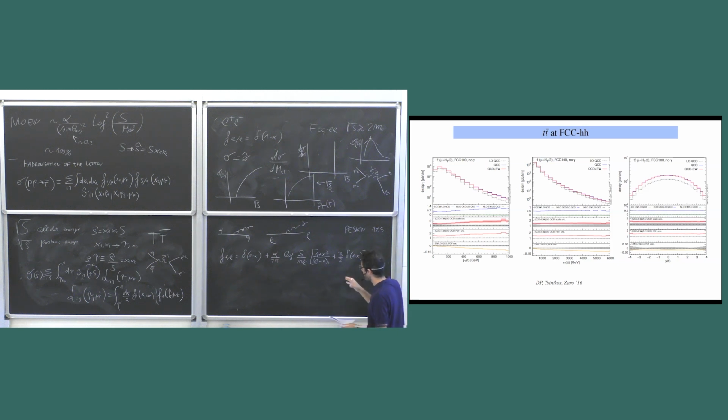But the important point to see here is the following: this log in a collider is giant, okay? Because here we have s, that is the energy of the collider squared, and in the denominator we have the mass of the lepton squared.